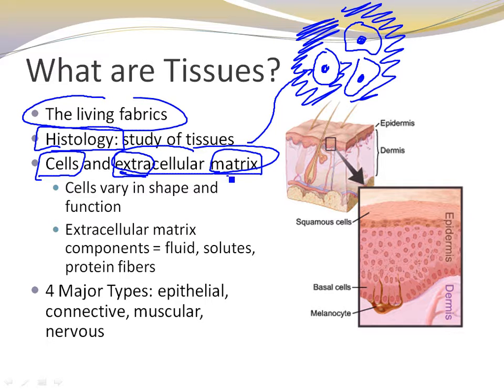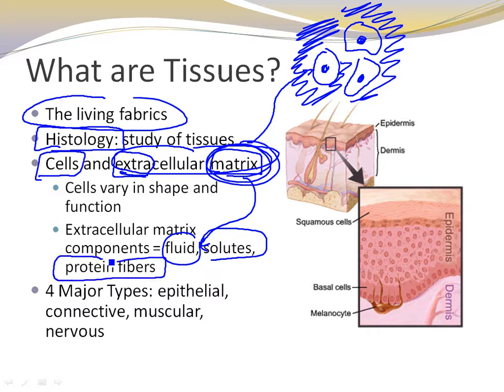What does that matrix consist of? Fluid. Remember you learned about extracellular fluid when you were studying body fluids in Unit 1. It has many different solutes dissolved in the fluid. Again, solutes are things like ions, small organic molecules like glucose, amino acids, and larger organic molecules like proteins. Anything that's dissolved in that fluid, floating around in that fluid, is a solute.